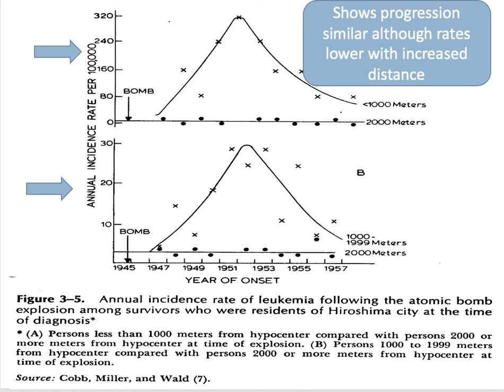But if we look at our axes here, our top axes, people were much closer to the bomb, right? They were less than 100 meters or between 100 meters and 200 meters away. And our annual incident rate goes from 0 to 320.